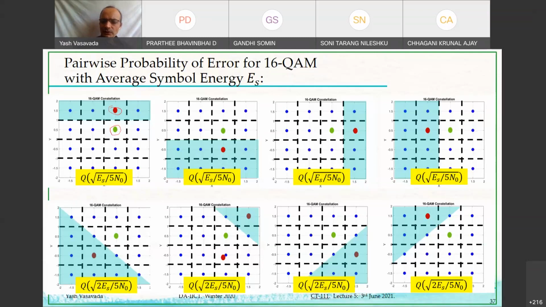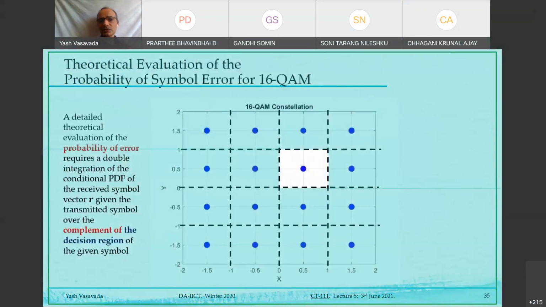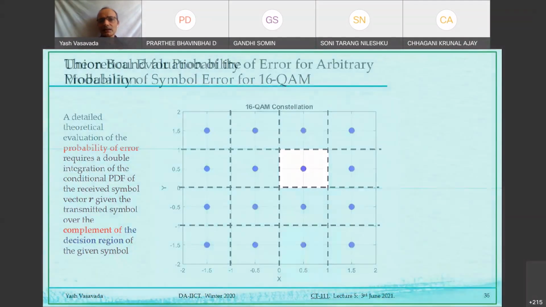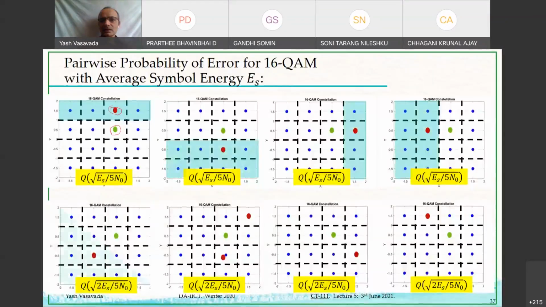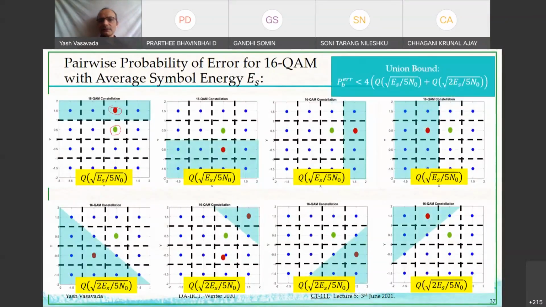So what we are going to do now is take a very approximate approach and say that the overall error probability, which was the conditional integration over this shaded region, is just going to be the sum of all of these shaded regions.